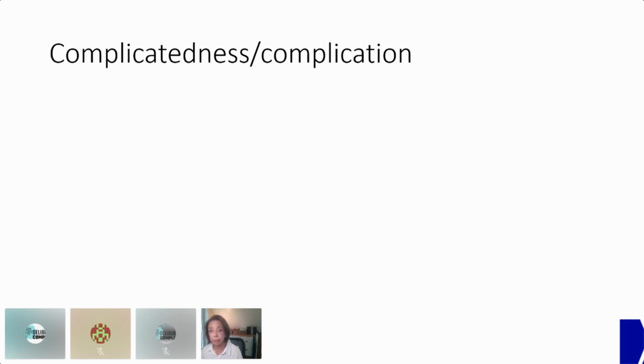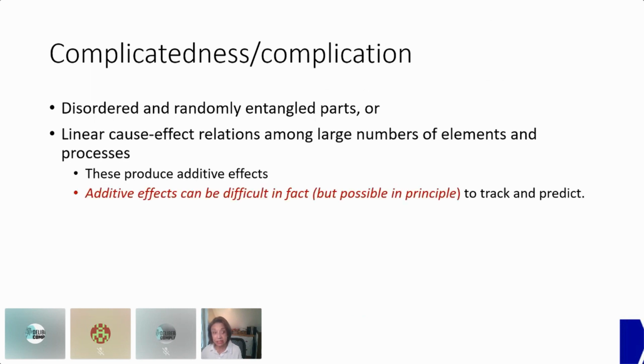So first I want to talk about complication, or if you want to call it complicatedness. It's an ugly word, but so is complication. And I think of complication as situations where there are very entangled, jumbled, messy parts that are all jumbled together. I tend to use the word parts and constituents when I'm speaking of complicated systems.